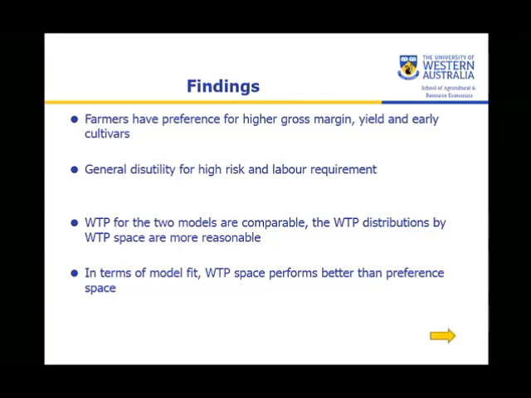And of course, as I said, the WTP space model performs better than the preference space model. So this answers our first two questions on the preferences and the comparison between the two models. Now, I will take you to the attribute processing strategy.